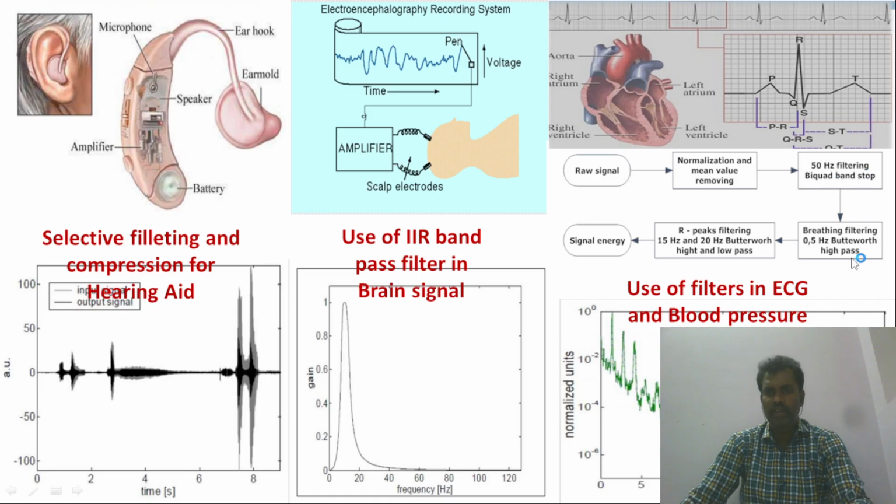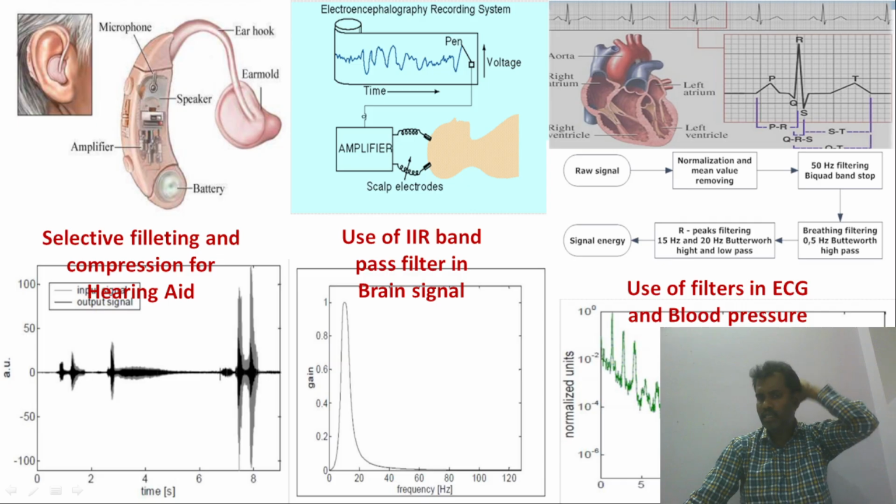So filters again we are using, and it has a set of filters like high pass filter and low pass filters, for extracting this, and also the blood pressure signal. If you measure the blood pressure, it has some significant amplitude in the range below 35 Hz.